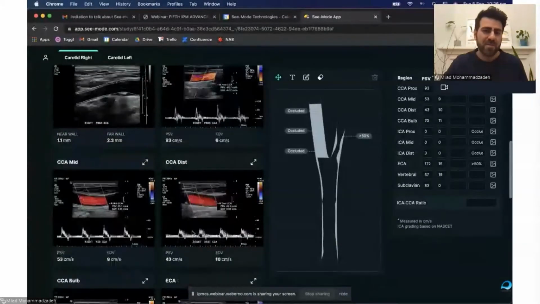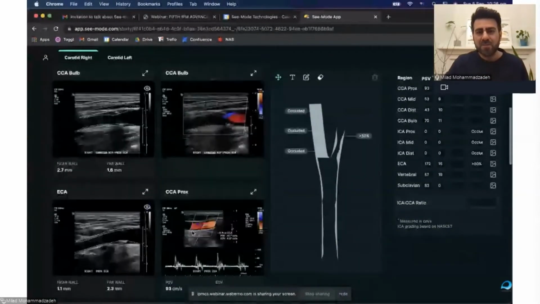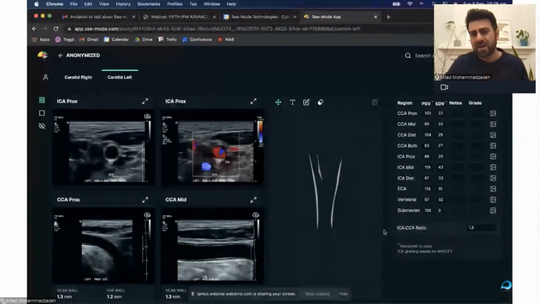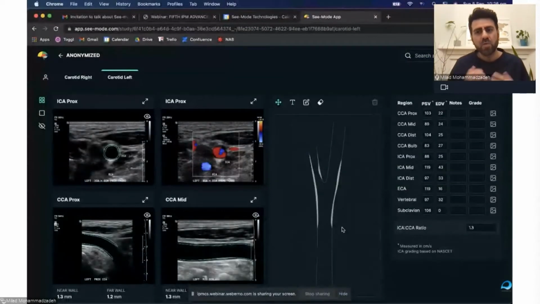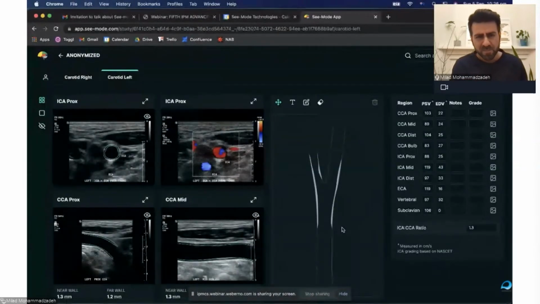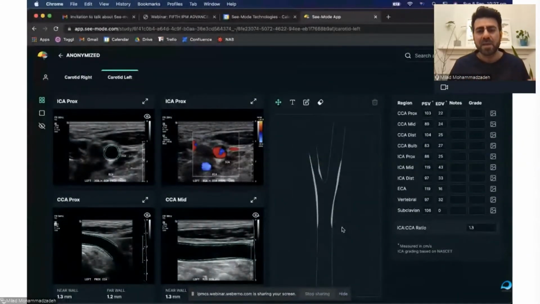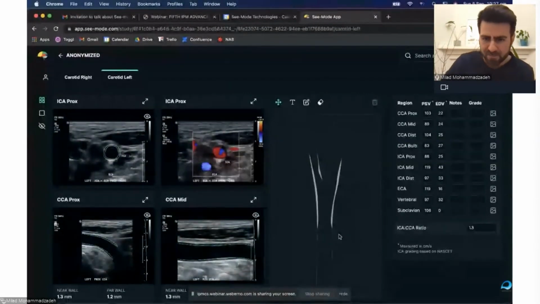This result is coming from around 20, 30 images from each side of the patient, and we've got a similar story on the left-hand side as well. So how do you enable the clinician to quickly review the results generated by the machine learning models, verify that those results are accurate, and then give them the ability to change those results if it's appropriate? That was a pretty complex user interface and experience challenge that we had to solve.